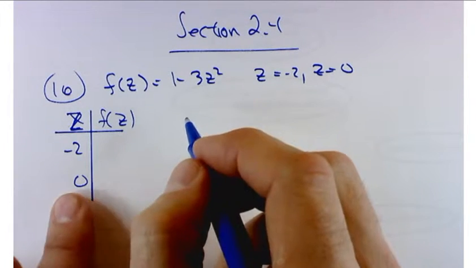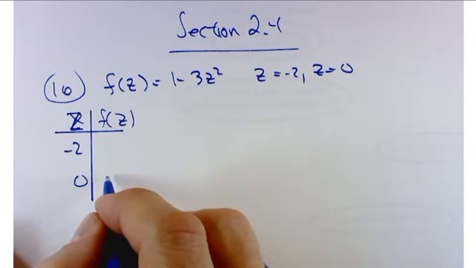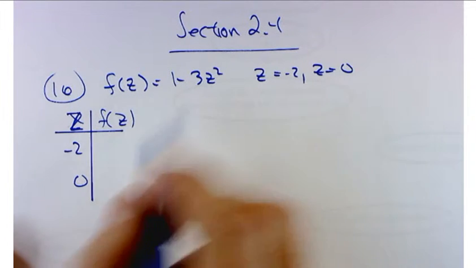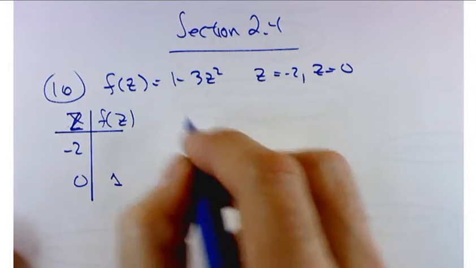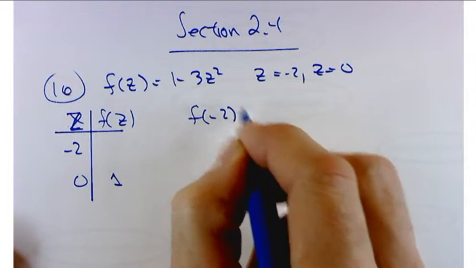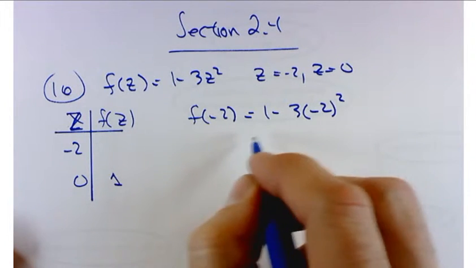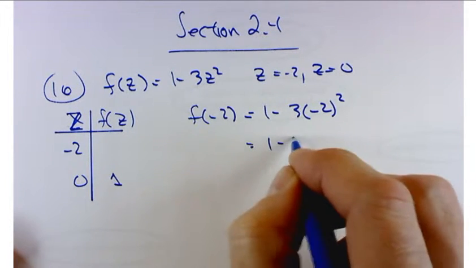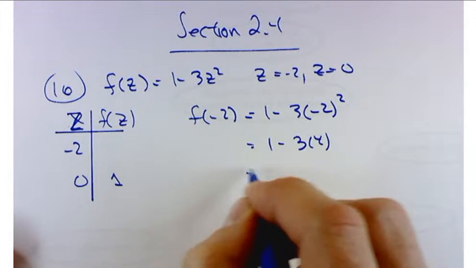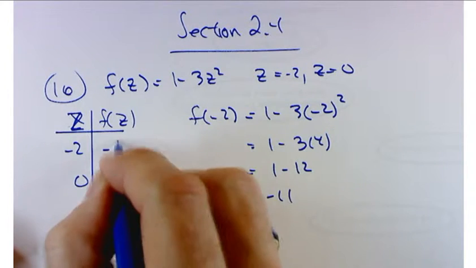Let's start with 0. What's f of 0? 1. And let's find f of negative 2. It's going to be 1 minus 3 times negative 2 squared, which is 1 minus 3 times 4. Negative 11.